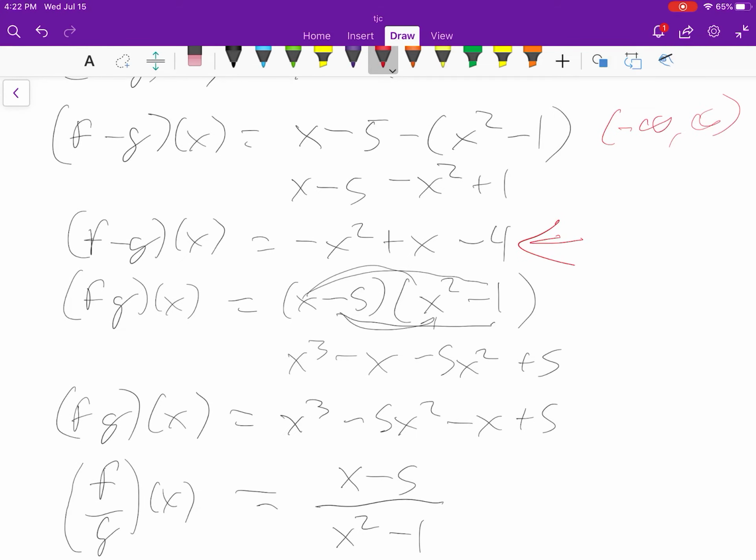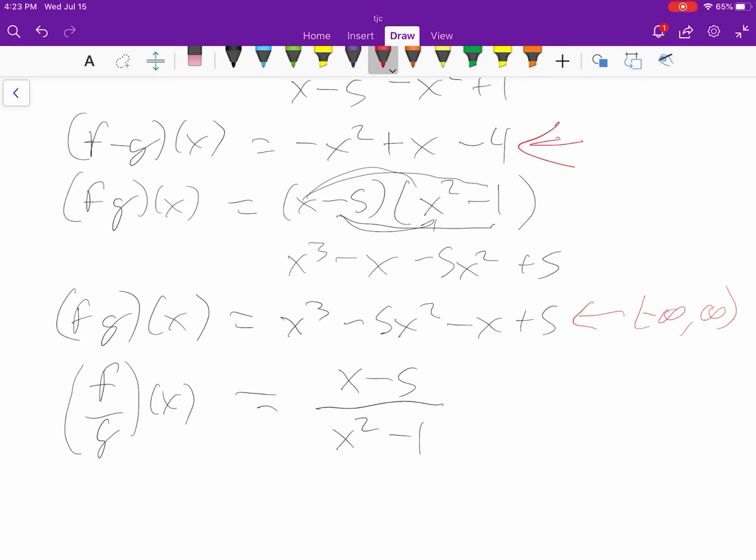And its domain is still a poly, so its domain is all reals. Same with multiplication. End up here, which is still a poly. It's a larger poly as far as number of terms, but its domain has not changed because it's still a poly. Now it comes to division.